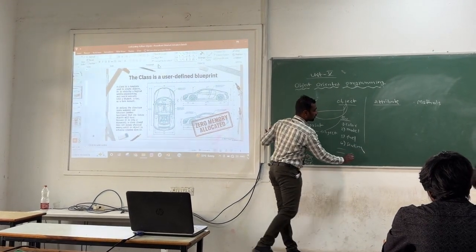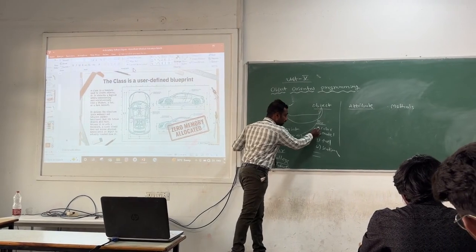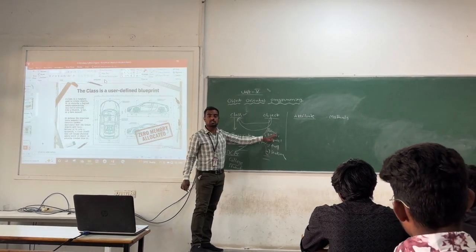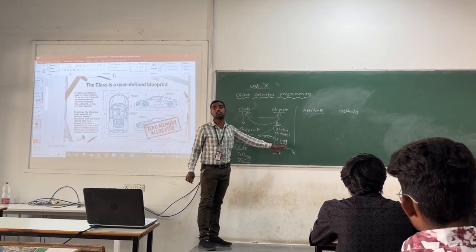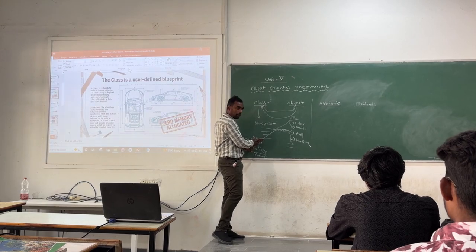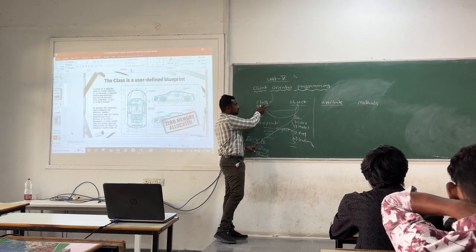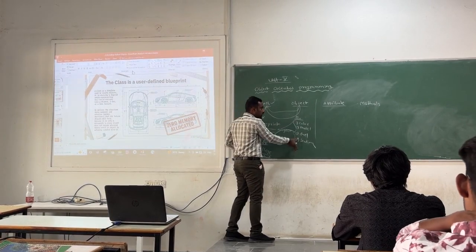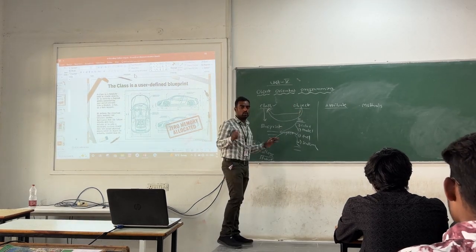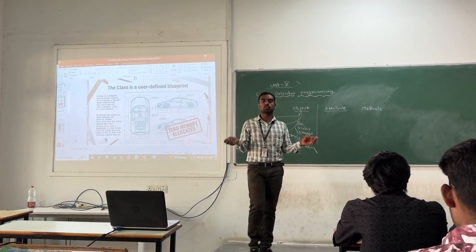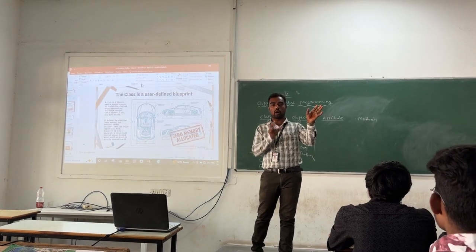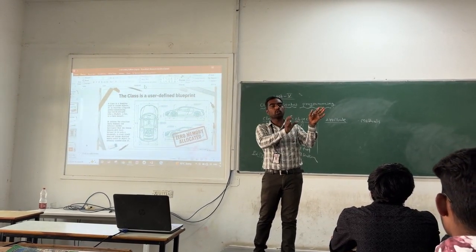These different characteristics are all related to the car. The main name comes under the class, and its characteristics come under the objects. That is why class and objects are interlinked with each other. Class is the main name and the objects are the different modules in the class.